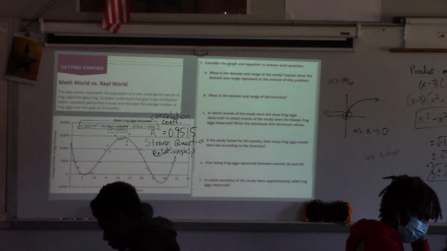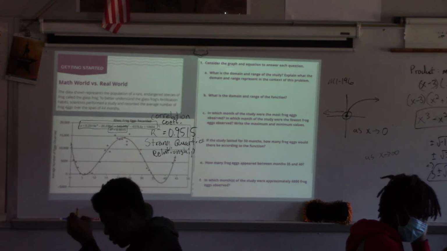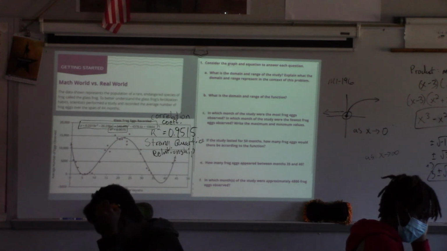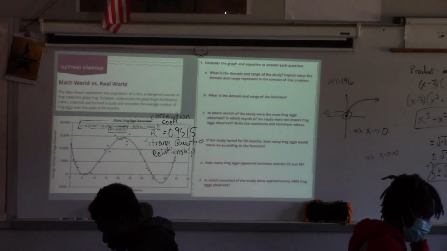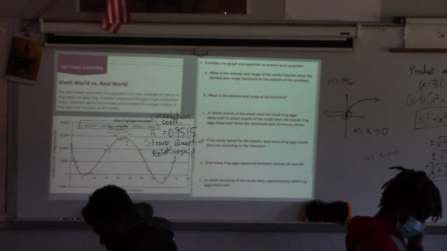Well, interval notation starts with the lowest, right? So whenever we do interval notation, you go from the minimum or lowest to the highest, every time. The only reason I don't is because there's no arrow going. And so the lowest y value is 108. And what is the highest y value?